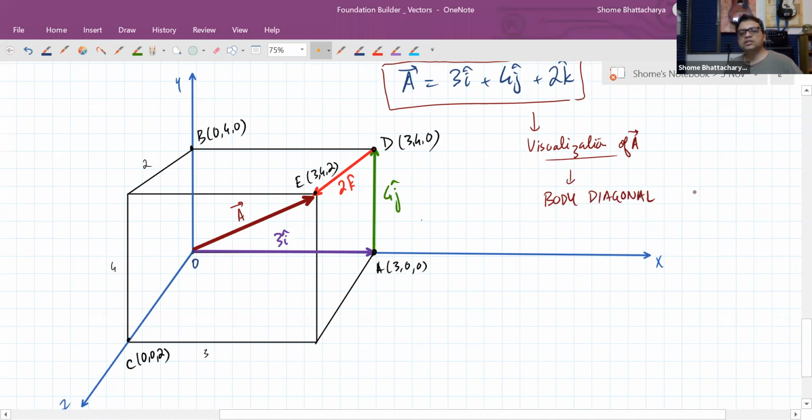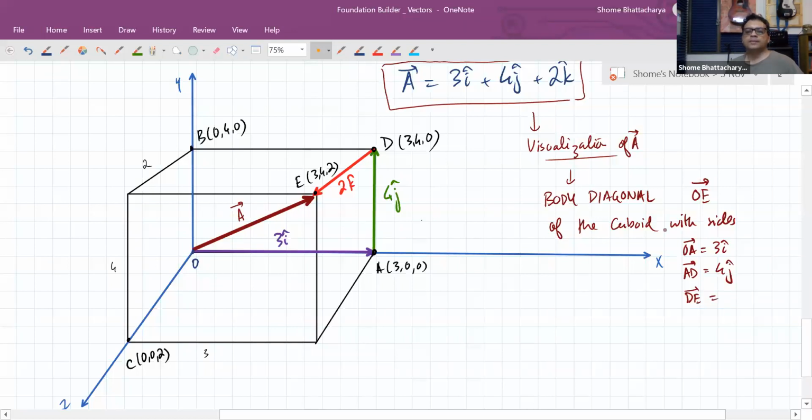In this case the body diagonal OE of the cuboid with sides OA equal to 3 i cap, AD equal to 4 j cap, and DE equal to 2 k cap. Okay.